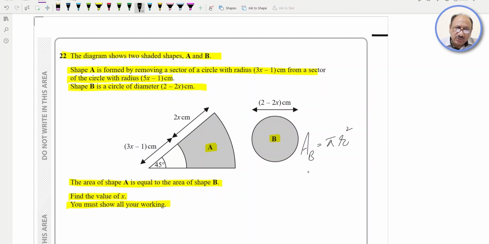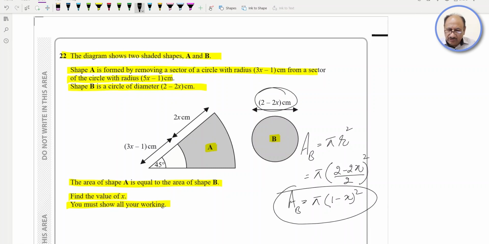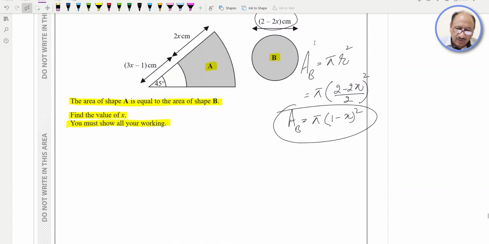And r is half of this, so we can write pi into (2 minus 2x over 2), and this will be squared. And if we cancel 2, we will get pi into (1 minus x) whole squared. So this will be area of B, which we got over here. We have calculated area of B.